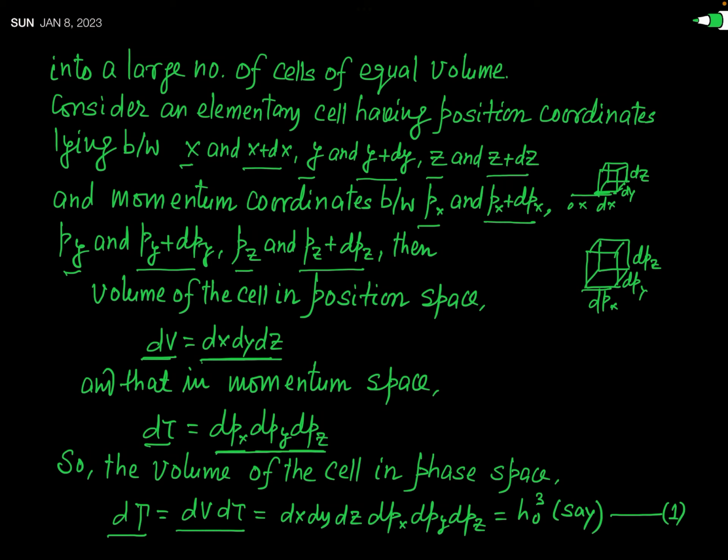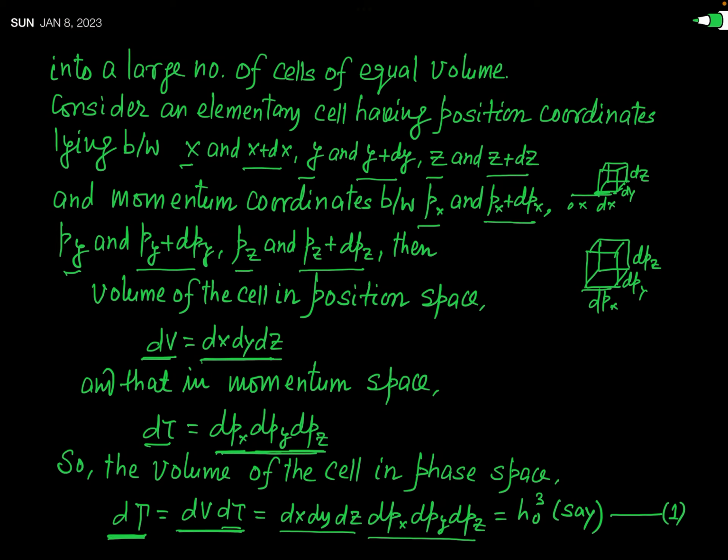So if you consider that volume of this phase cell in the phase space is d gamma, then that d gamma will be what? That will be equal to dv times d tau, where you know this dv is dx dy dz, which is volume in the position space, and d tau, this is dpx dpy dpz, which is volume in momentum space. So the volume of the cell in phase space, which I have represented by the symbol d gamma, is also called hypervolume, that is equal to dx dy dz times dpx dpy dpz.